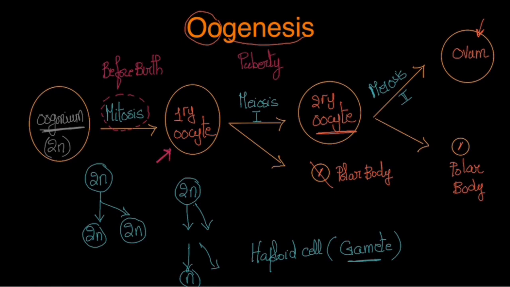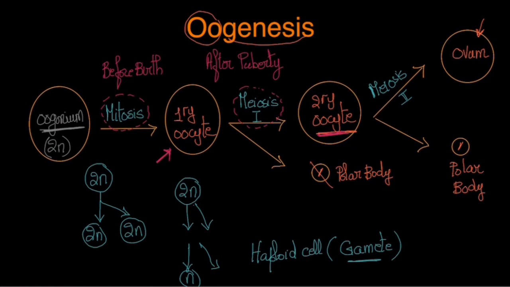Every month after puberty, only one primary oocyte kept in the mature follicle will be allowed to complete the first cell division of the meiosis and will be transformed into a secondary oocyte.